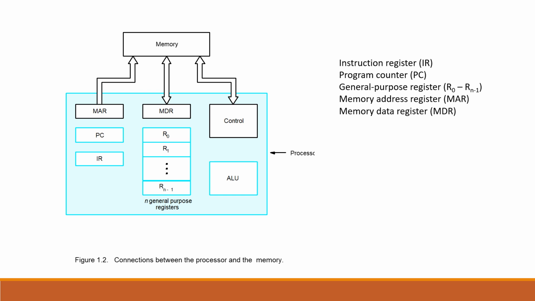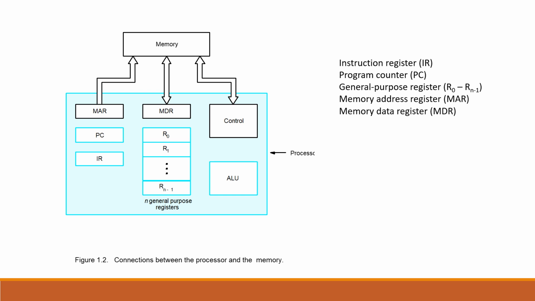Other than the instruction register and program counter, we have the n general purpose registers, which are represented as R0 to Rn-1. These registers will be capable of holding the data temporarily when the operation is performed inside the ALU. It can be retained in the processor or the data can be transferred to the memory.